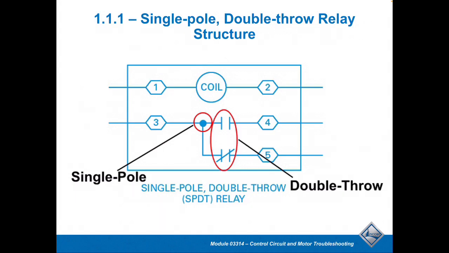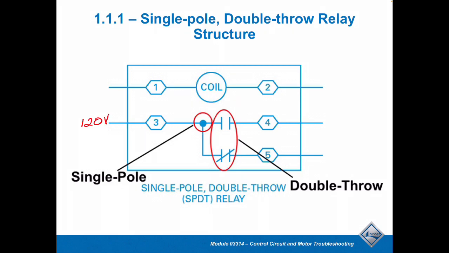So we have a single pole double throw relay that's identified in the structure, and the single pole relay is going to be identified in the poles as having one power supply, or one feed. In this particular case, I might say I'm going to use maybe 120 volts here.